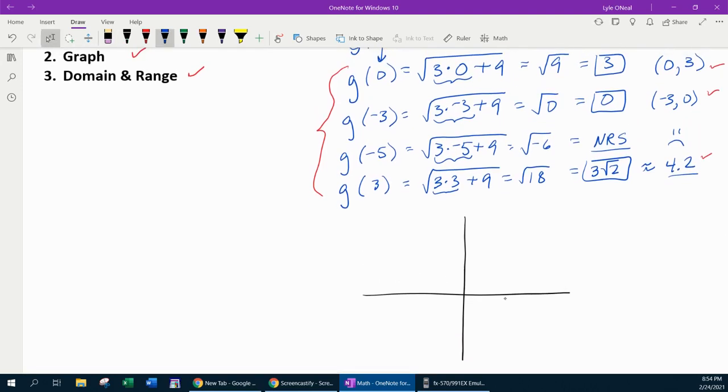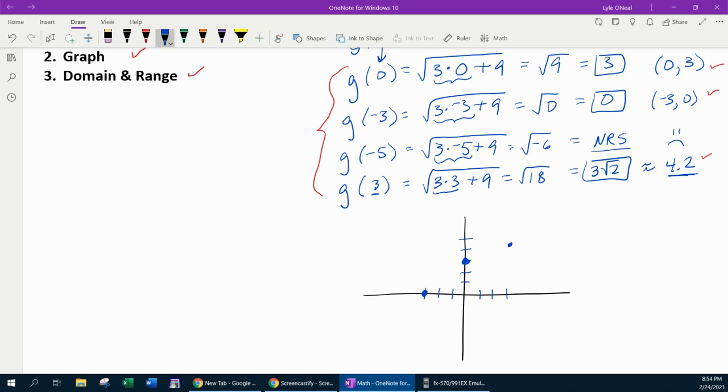So we've got 0, 3, negative 3, 0, and if x is 3, y is 4.2. And so that's going to be about there.